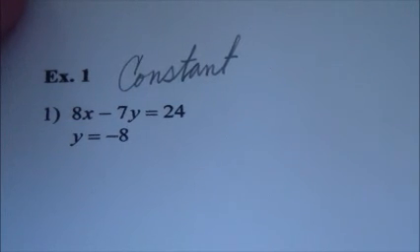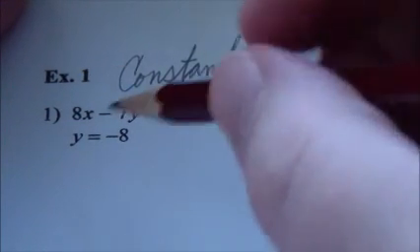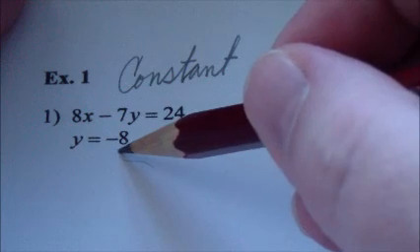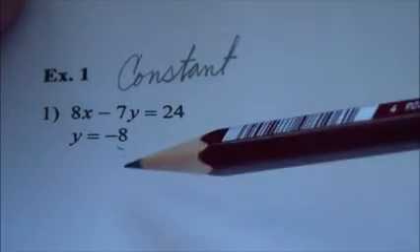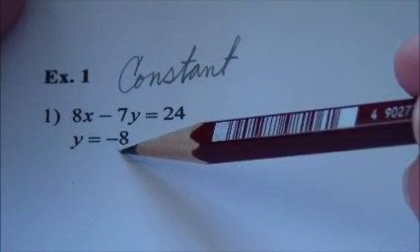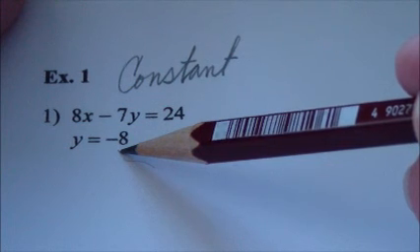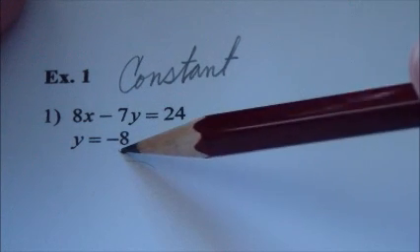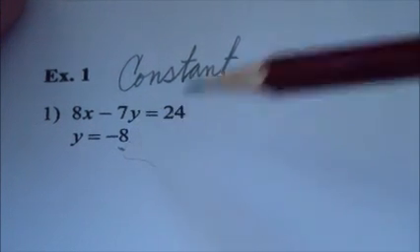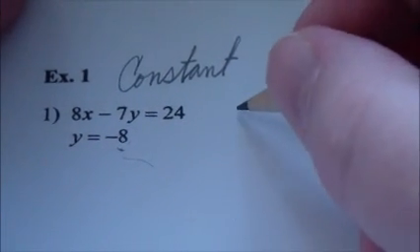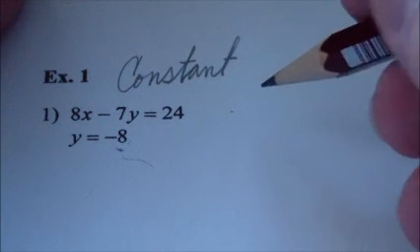Now, if we have a constant, that implies y is equal to one specific number. In this particular case, y is equal to negative 8. Well, we do the same as we always do. This one's, again, a little bit easier.